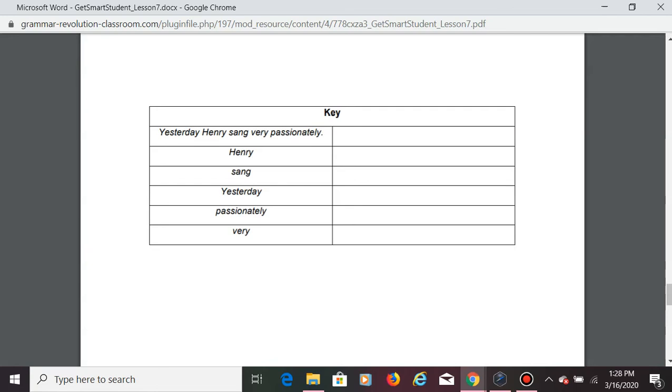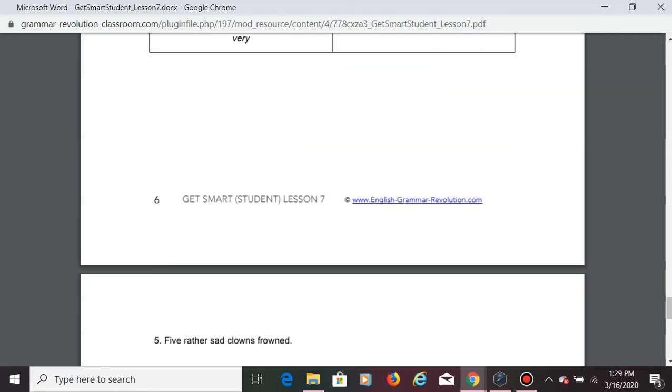Underneath, you need to answer these. Henry, what is Henry? Henry is the, sang is a, yesterday is a, passionately is a, very is the, okay? So write these down, answer what they are in the sentence.